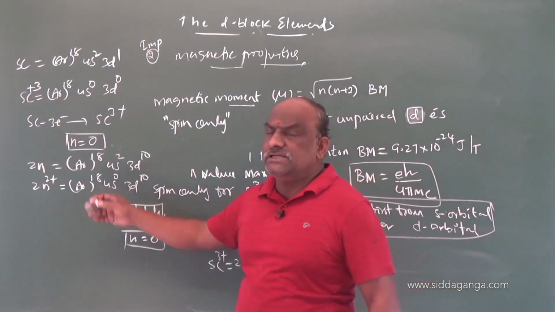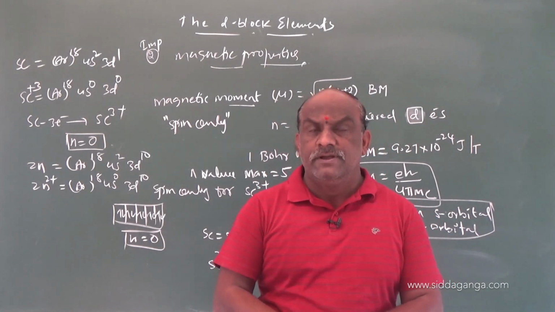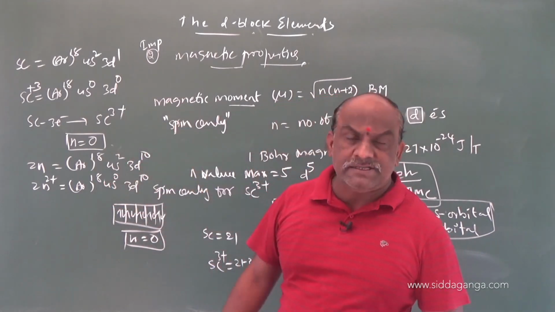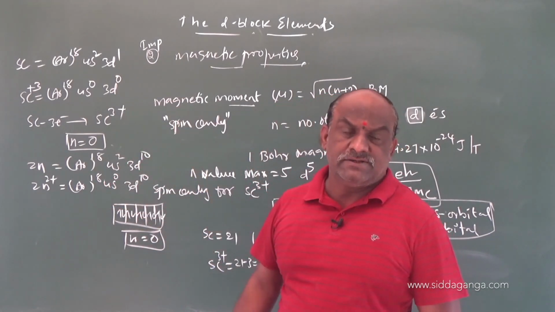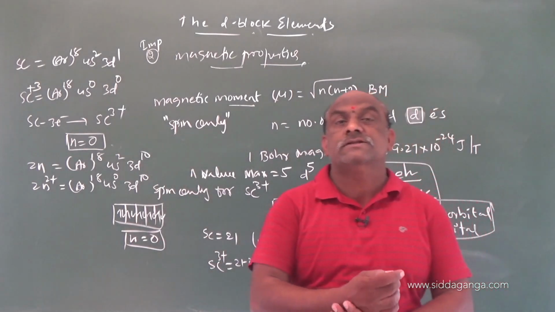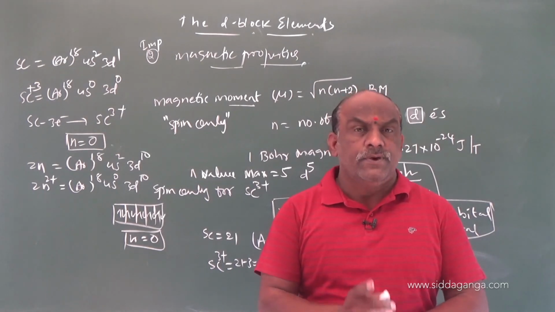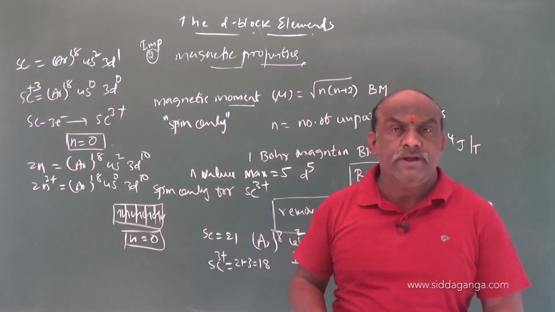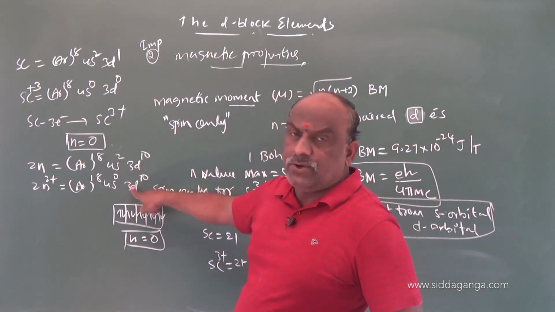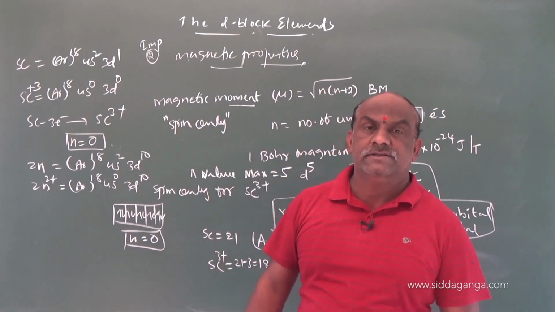So Zn2+ is also a diamagnetic substance, like scandium 3 plus. Why do they behave as diamagnetic substances? Due to the absence of unpaired d electrons.